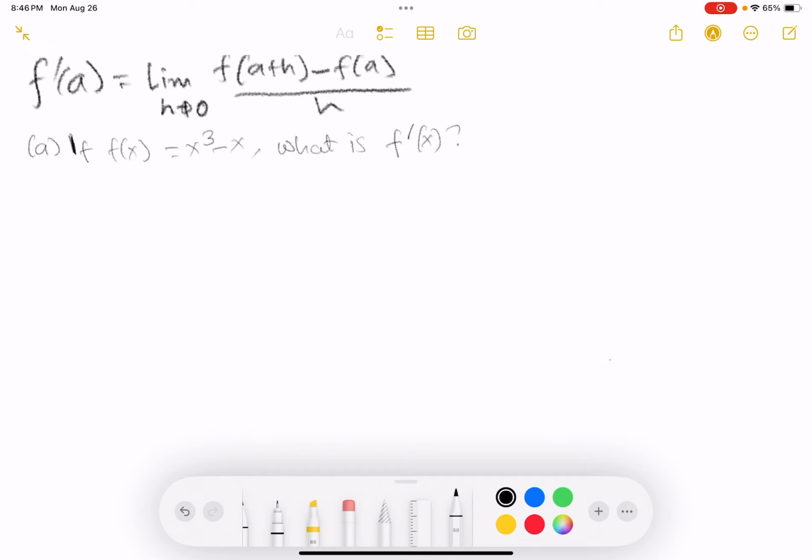In this question, really what they're looking for is for us to find the derivative of the function f(x). So in normal terms, if you just go by the quick derivative, you drop the 3 down: 3x squared minus 1.